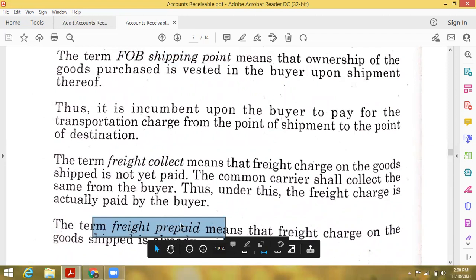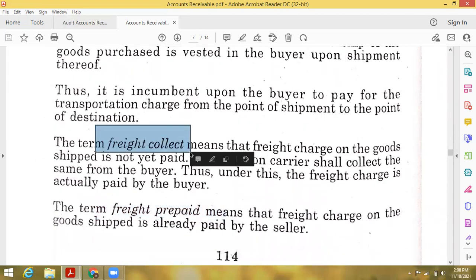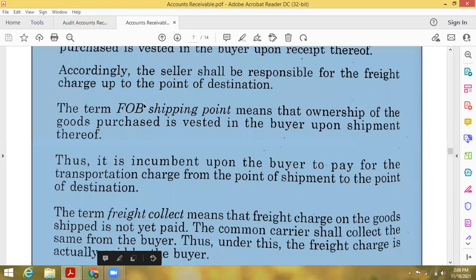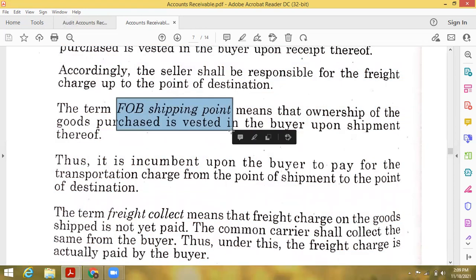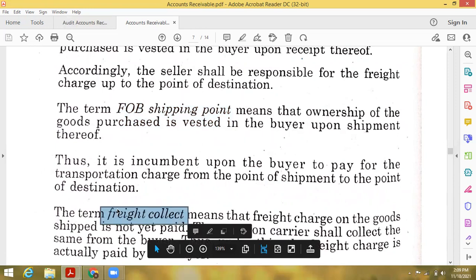So magkakaroon lang ng problema dyan dun sa term kasi pag freight collect, ang dapat kukolektahin pa kasi hindi pa nababayaran. Di ba? So pag shipping point, ang pinaka-ideal dyan, dapat shipping point and freight collect para ang magbayad ay si buyer.